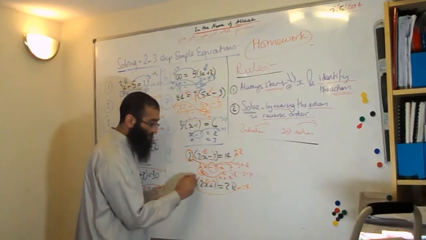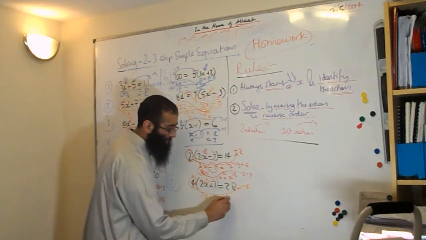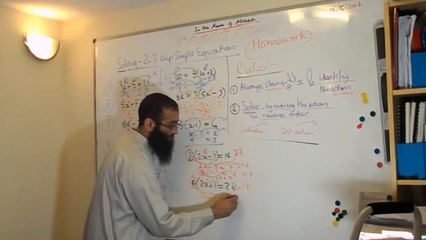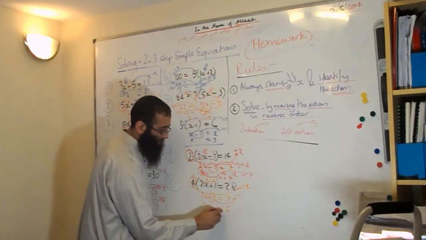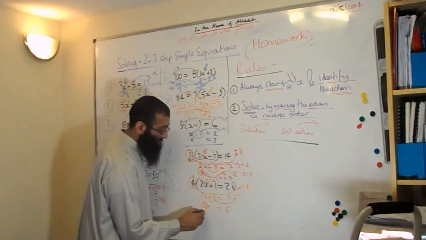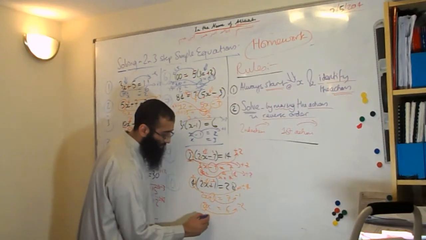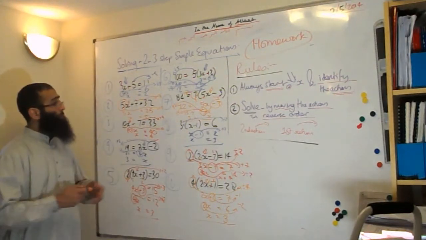So when the multiplier goes, the brackets go. 28 divided by 4 is 7. Then you move the second action. Opposite add 1, minus 1. 7 minus 1 is 6. Opposite time by 2 is the last action to move. Time by 2 is divide by 2. X is 3. Okay folks, I know that was a bit quick.